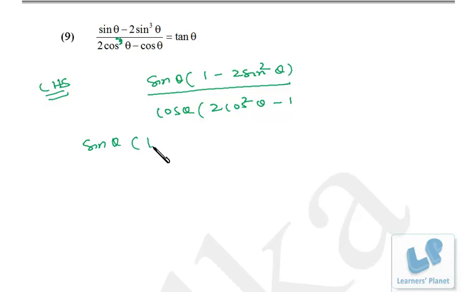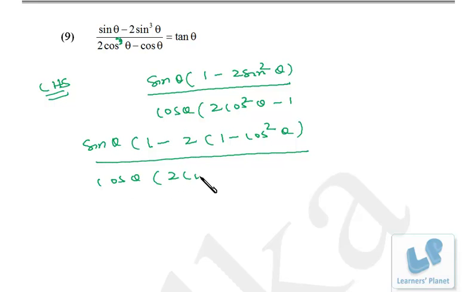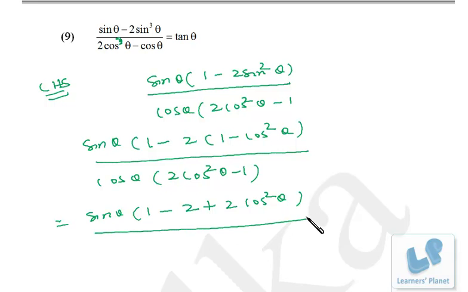So it's sin theta into 1 minus 2 into 1 minus cos square theta by cos theta into 2 cos square theta minus 1. So it's sin theta into 1 minus 2 plus 2 cos square theta upon cos theta into 2 cos square theta minus 1, right?